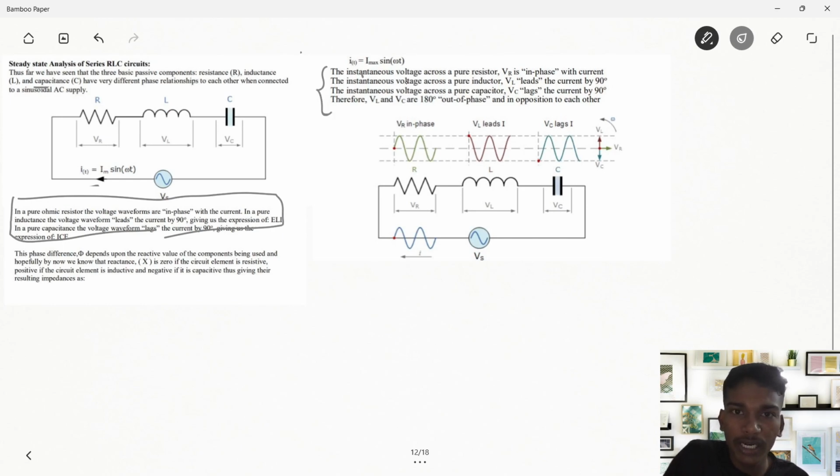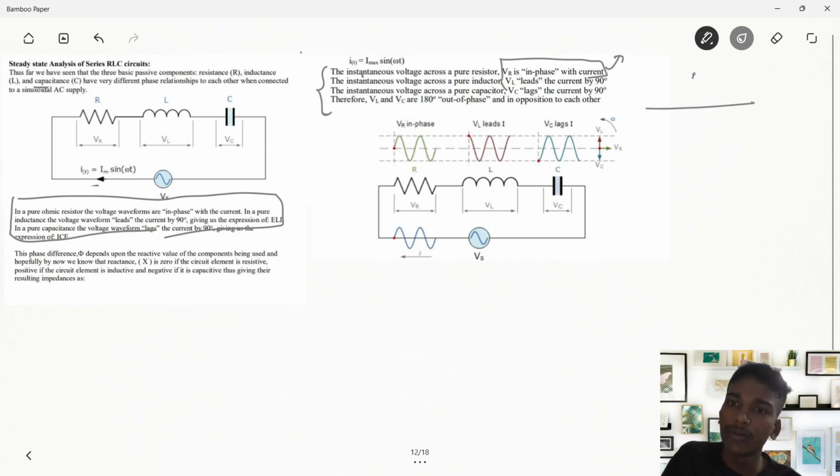You see, the instantaneous voltage across the pure resistance is in phase with the current. If it's pure resistance, then voltage and current will be in phase. The instantaneous voltage across a pure inductor, if the whole circuit is of pure inductors, VL will lead the current by 90 degrees.